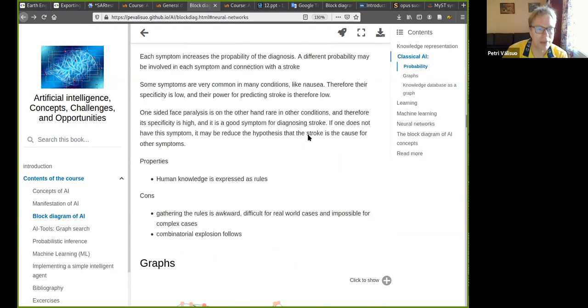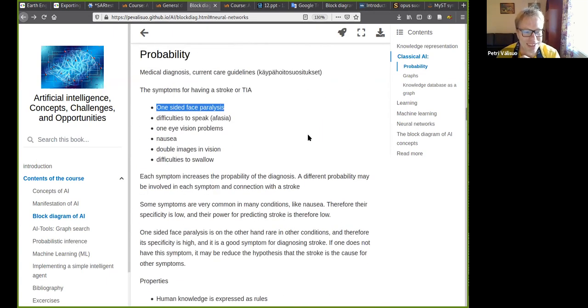I don't have examples of this, but you can think of it in a similar way as before. In a previous example, you had that if a bird is a seagull, it is white. So here in the same way, if the diagnosis is TIA, the patient has one-sided face paralysis at a certain probability, let's say 60%.